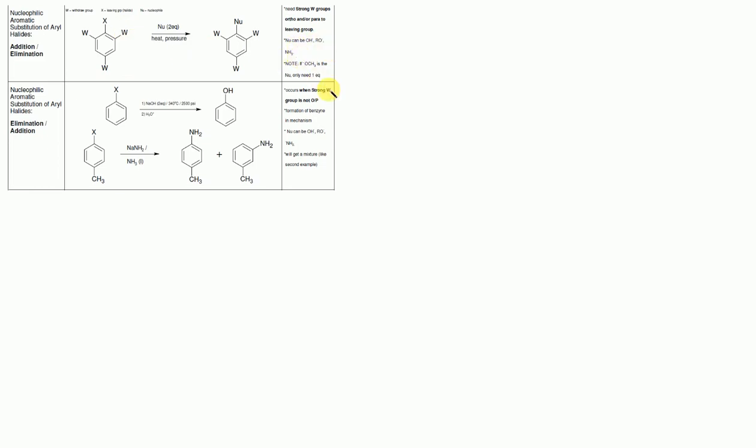So if you need to add an OCH3 group to the ring, you do a nucleophilic aromatic substitution. If you need to add an OH group, you do this. If you need to add an amino group, you could do this. There's another way, which you already learned, which is reducing a nitro group into an amine.